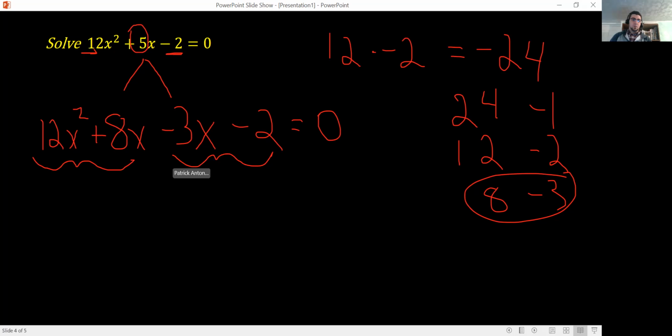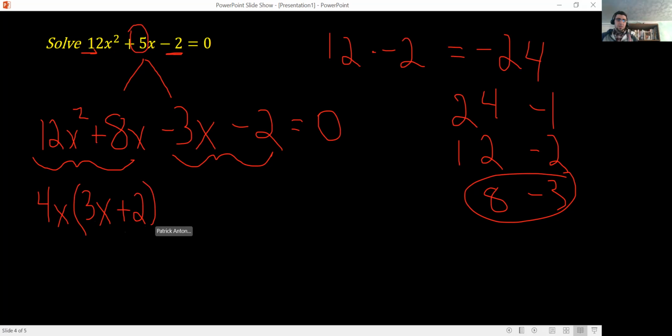So you group the first two and you factor out the GCF there. You're going to get a 4x, which is going to leave you with 3x plus 2. From the second group, it looks like we're close because you have -3x minus 2, and what you factor out is just a -1 here, and you get 3x plus 2.